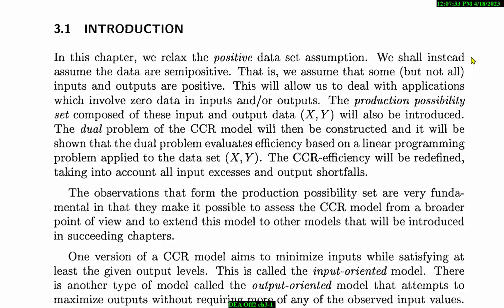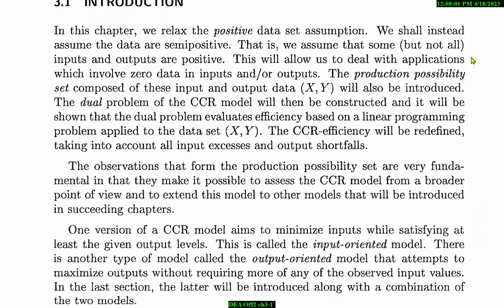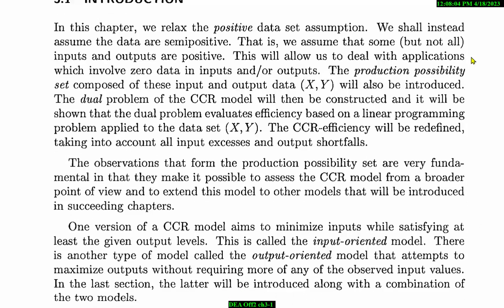Semi-positive means for each DMU we have all the inputs and outputs non-negative, but at least one input is positive and at least one output also is positive, strictly positive for each DMU. This will allow us to deal with applications which involve zero data in inputs and/or outputs.